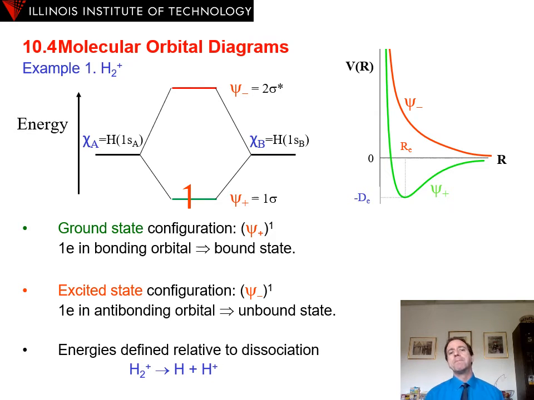So what's going on in a molecular orbital diagram? It gives us a lot more information than the valence bond theory that we did, where we just look at overlaps. When we just look at how two wave functions overlap, what we're leaving out is that two wave functions that overlap form one bond, and they form another bond.